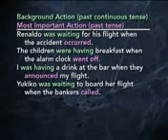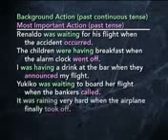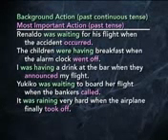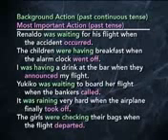Yukiko was waiting to board her flight when the bankers called. It was raining very hard when the airplane finally took off. The girls were checking their bags when the flight departed. Oh dear, they missed it.